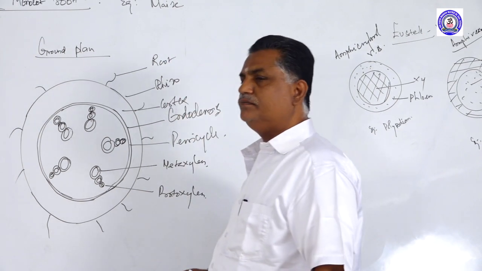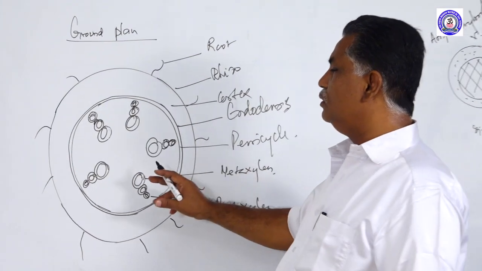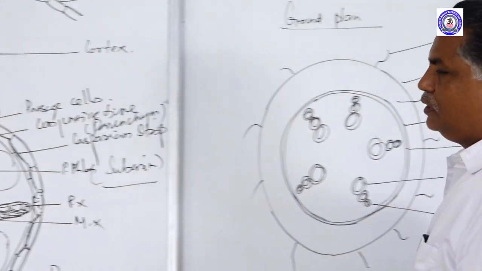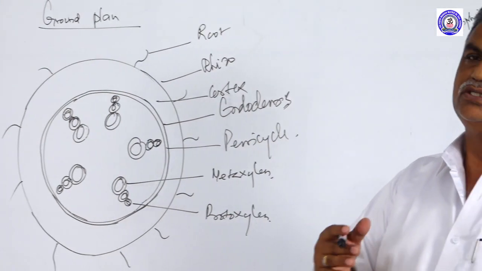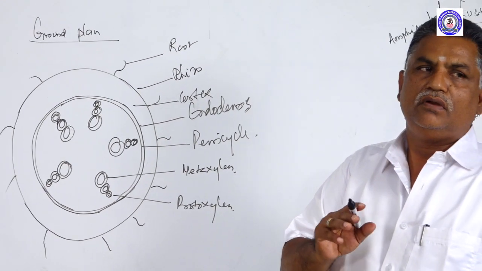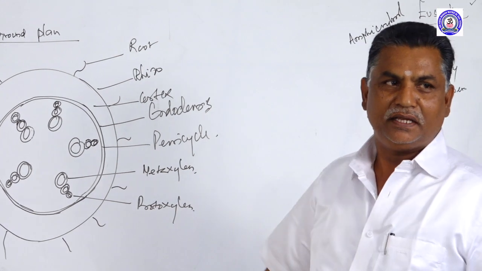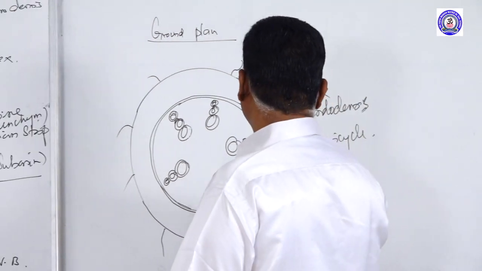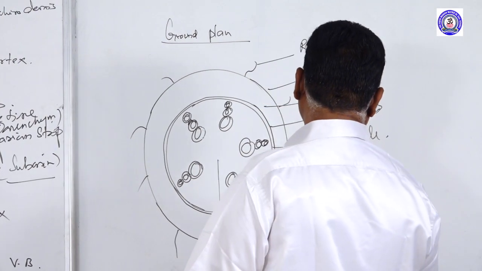Here I have drawn, these are 4 protoxylem points, here are 5. When the number goes beyond 4, we should not count the number. Here, we should not count the number. And at the center, this is the valid important point, fifth.